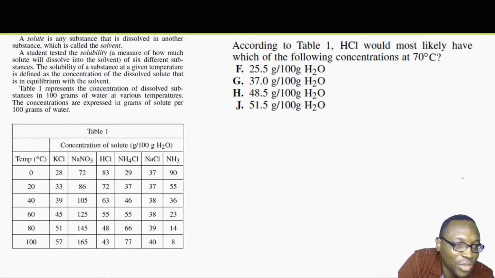So according to the table, HCl will most likely have which of the following concentrations at 70 degrees Celsius?